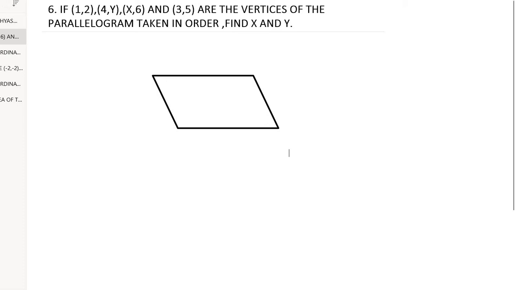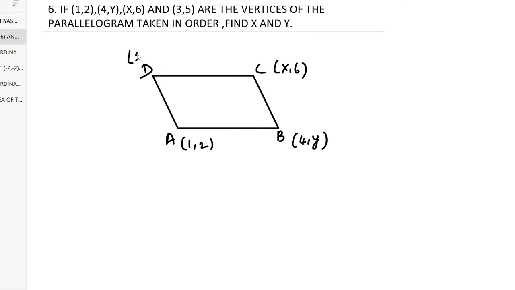Suppose I take (1, 2) as A, (4, y) as B, (x, 6) as C and (3, 5) as D. Now I have to find the value of x and y.